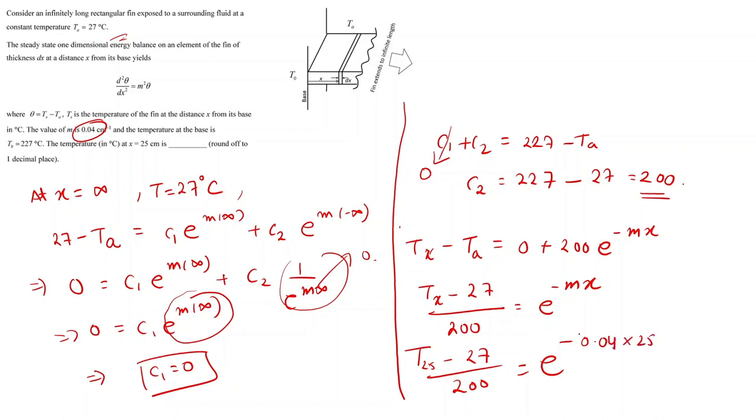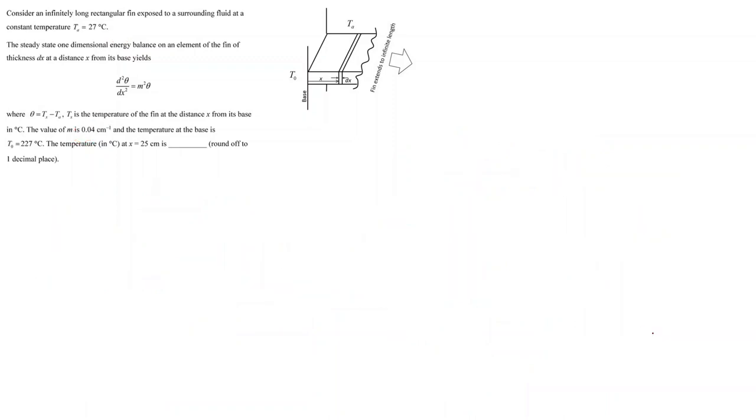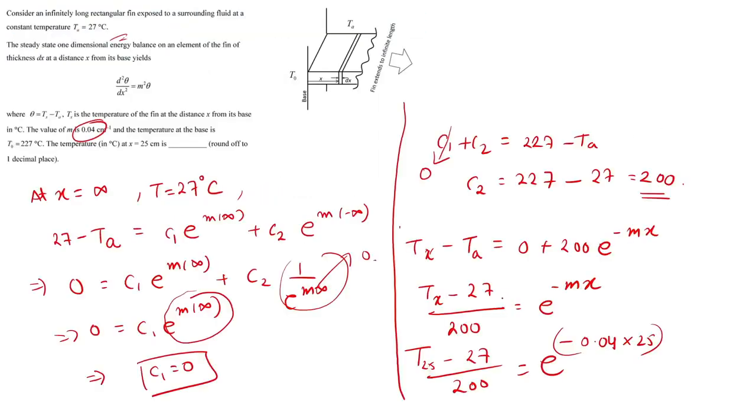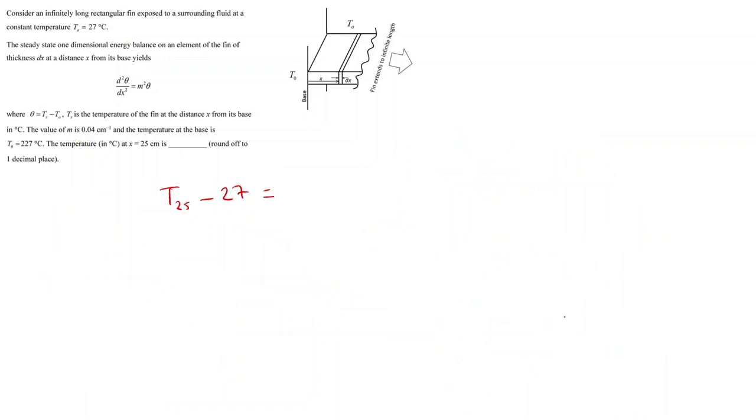X is 25. So this we can simplify as T of 25 minus 27 is equal to, this term will be equal to 0.367, into 200.